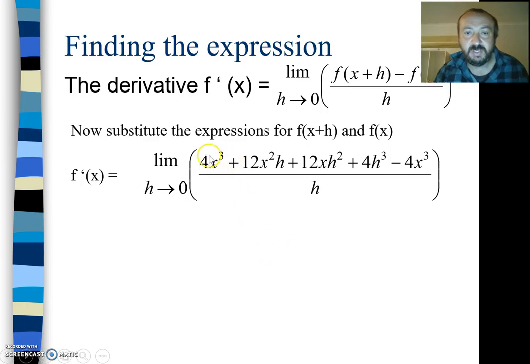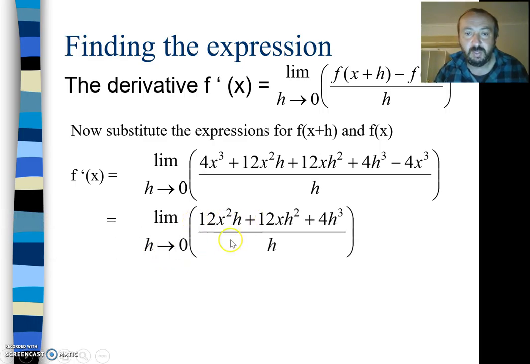So it's all going to come out to all of that. And once again, we're going to see some things. That 4x cubed is going to disappear, and everything else has a common factor of h in it, and that's going to cancel with the h on the bottom. So this is all going to come down to the limit as h gets towards 0 of 12x squared plus 12xh plus 4h squared.